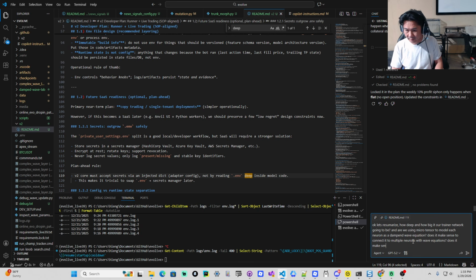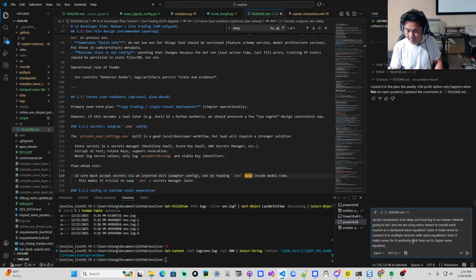Does it make sense for it to randomly pick from AX plus B, wave equation, Laplace, Fourier series, Laplace, and add all the connections together?